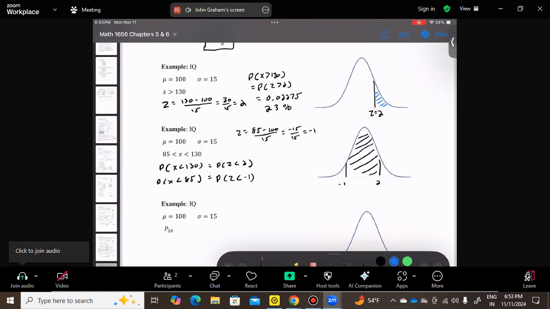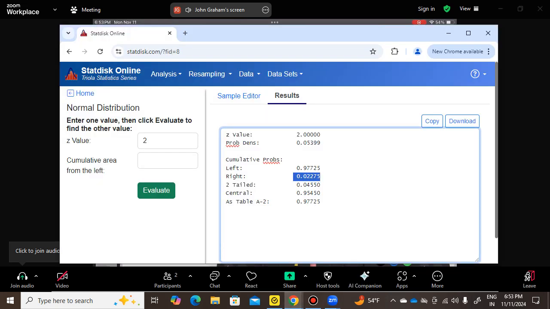And so we'll put these values in. We already have the 130 in. Left is 0.97725. That's for a z-score of 2.